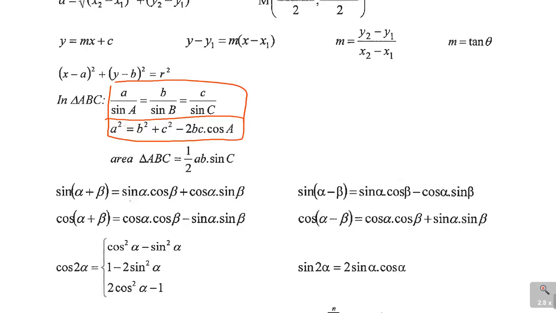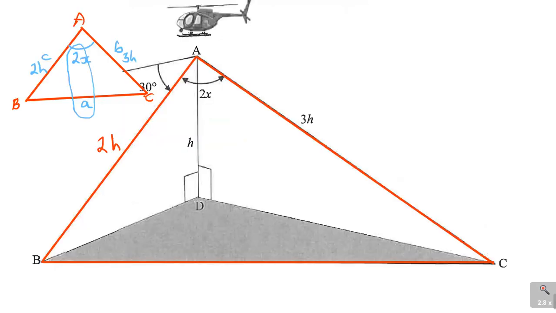Now, what do I do? Look at this cosine rule. It says a squared is equal to b squared plus c squared minus 2bc cos A. So if you look at what I'm given here, you can see that this is looking for the cosine rule, because I'm given two sides, in this case 2h and 3h, and the angle surrounding those two sides.